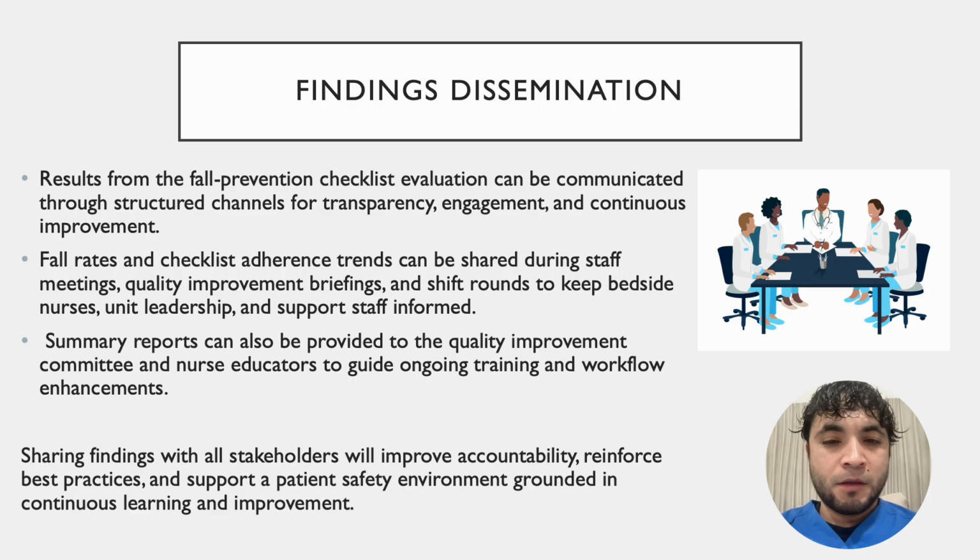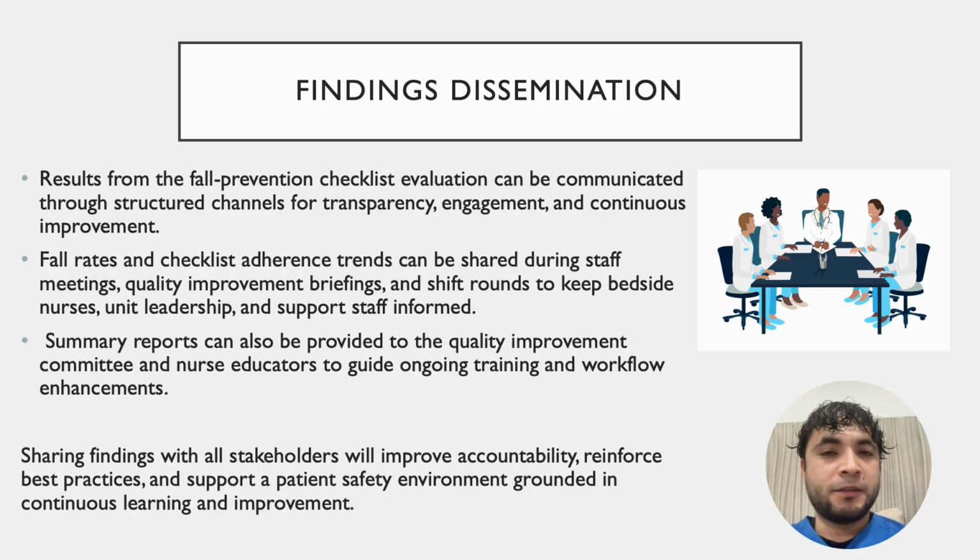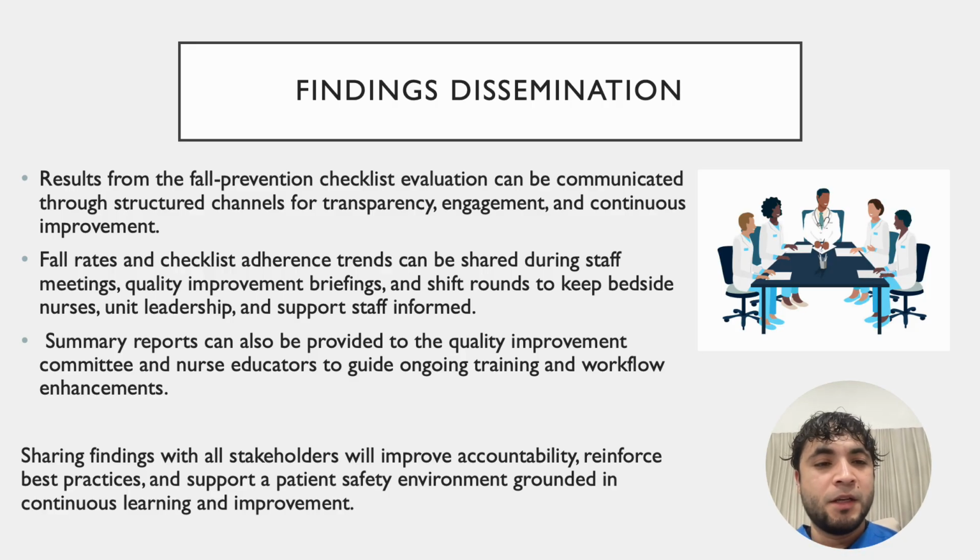Findings dissemination. Results from the fall prevention checklist evaluation can be communicated through structured channels for transparency, engagement, and continuous improvement. Fall rates and checklist adherence trends can be shared during staff meetings, quality improvement briefings, and shift rounds to keep bedside nurses, unit leadership, and support staff informed.